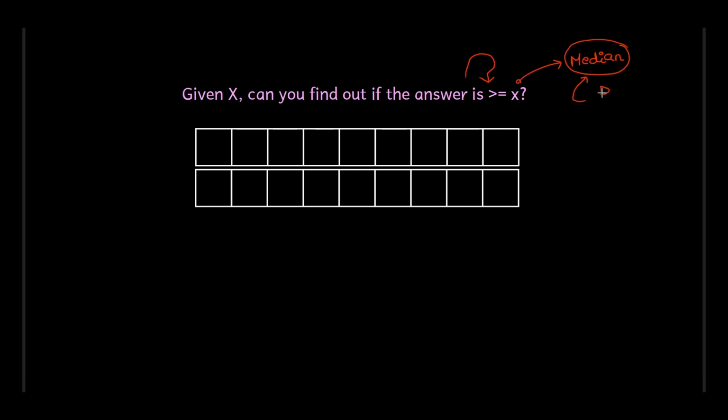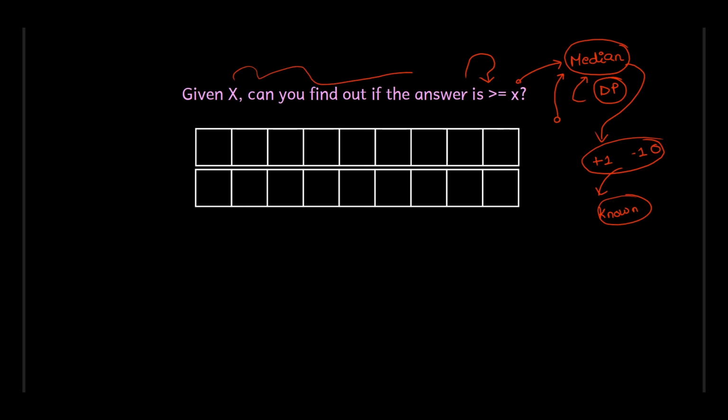I told you that there is no rule book to solve median problems, but there is a nice trick to convert median problems to just plus ones, minus ones, and zeros. With this conversion, we go into known territory where we can apply dynamic programming. So this binary search follows that same principle.